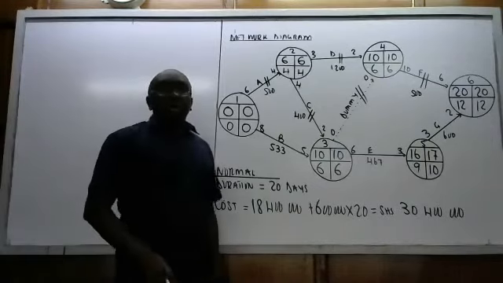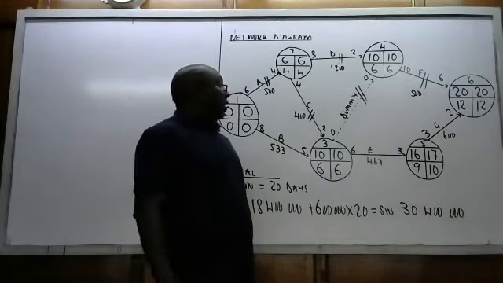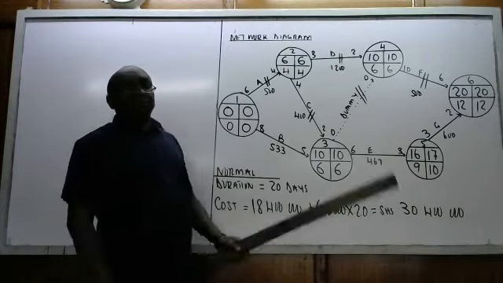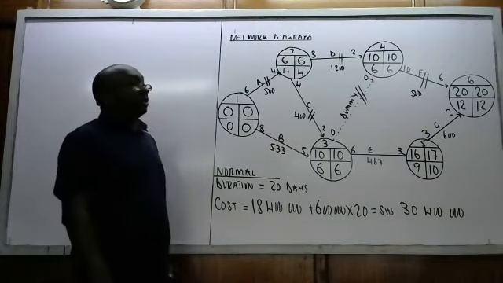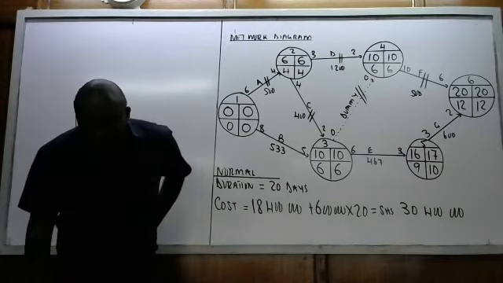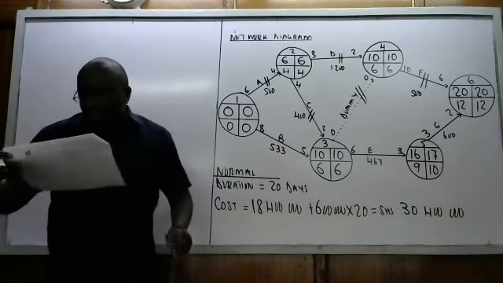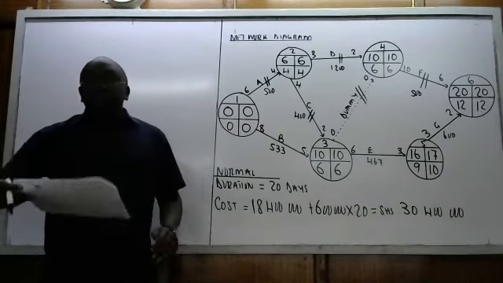Now, when you see the minimum duration, it is important, first of all, to check the savings, to uncrash. But you see now here, they are saying the minimum and the optimum.